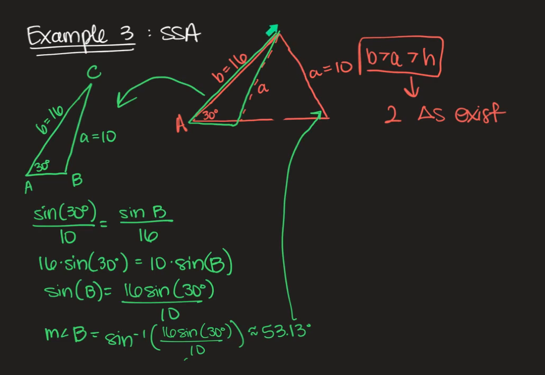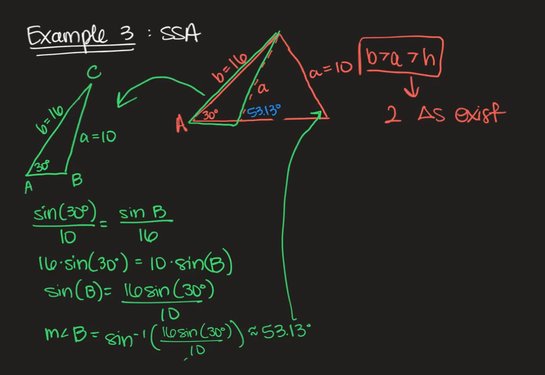These two sides coming up from the base, they're both 10 units in length. So in an isosceles triangle, you might have remembered from geometry that there's also going to be a pair of congruent angles. These are called the base angles of an isosceles triangle. So if that angle is 53.13 degrees, then the other angle is also 53.13 degrees.